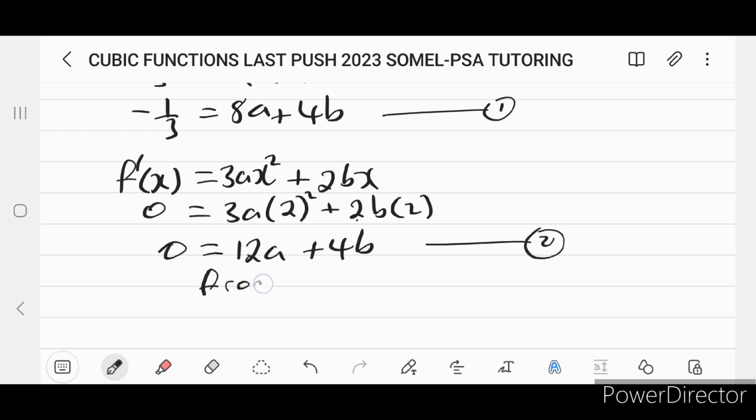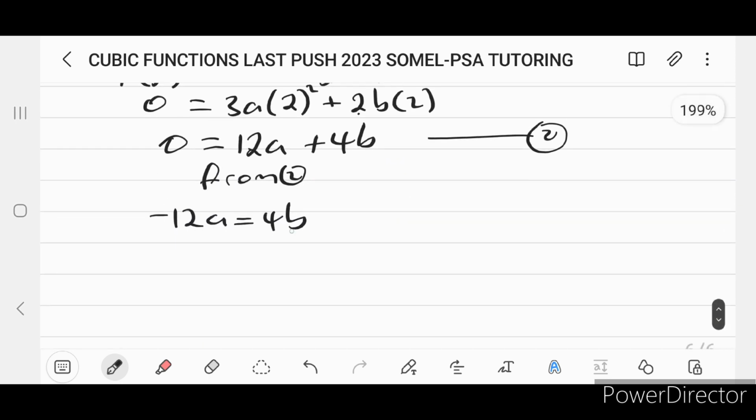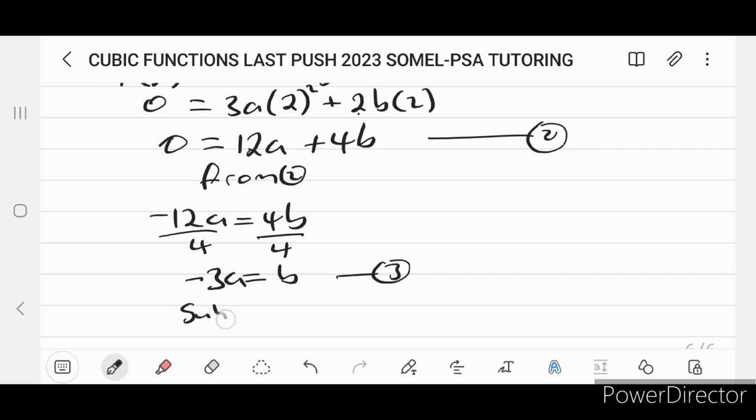From equation 2, I can say negative 12a equals 4b. Then divide by 4 on both sides. Therefore, b equals negative 3a.